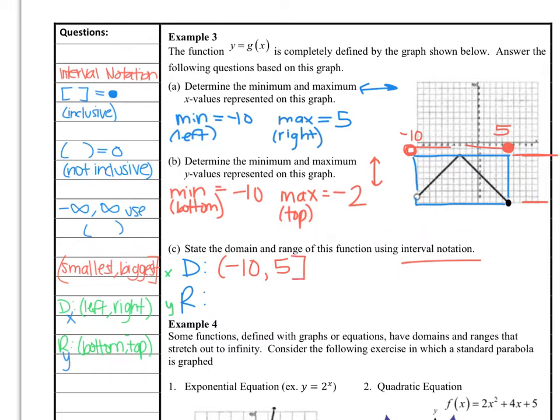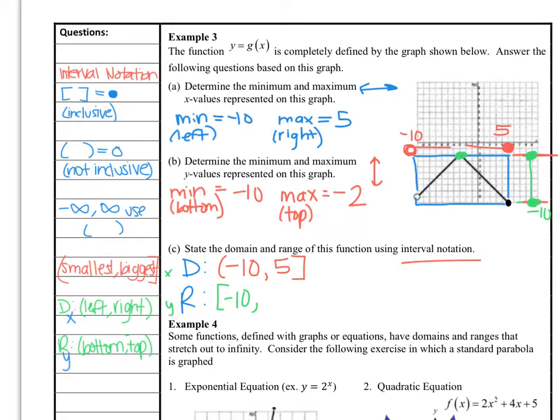Then when we talk about the range, we go from the bottom. Bottom starts lowest with a closed circle at -10. So bracket -10, comma, and it took us all the way up here. There wasn't an actual circle there though, but this is inferred to be a closed circle, because it's part of the graph. So if you need to, you can put a closed circle right on the graph itself.